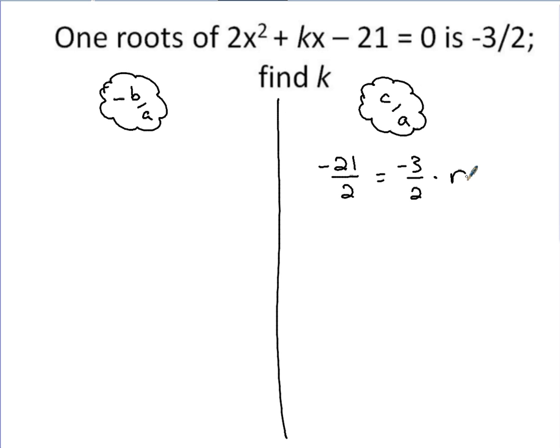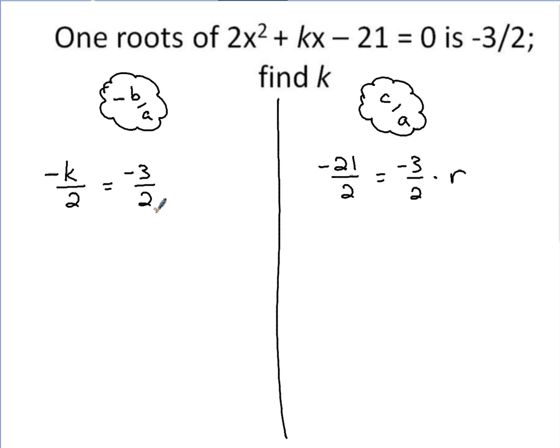The other side, the negative B over A. If I set up that form, I'd have negative K, because K is in that B position, over 2. Setting that equal to the sum. One of the roots is negative 3/2.